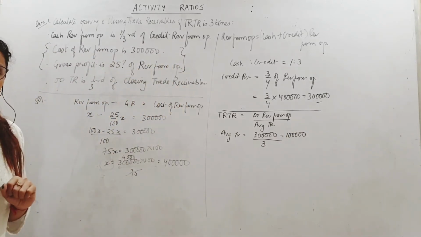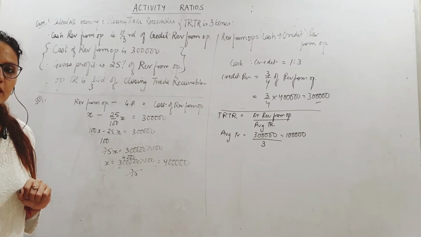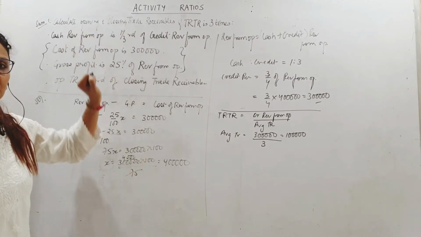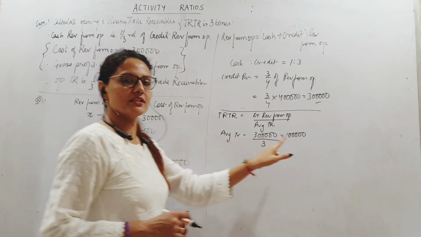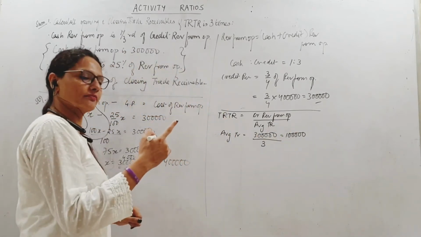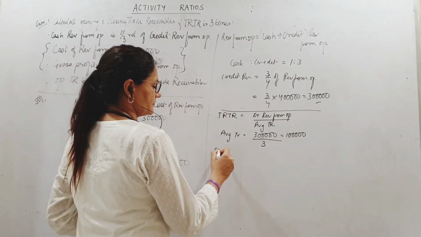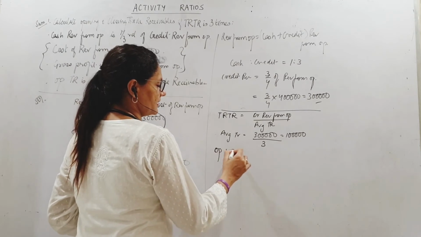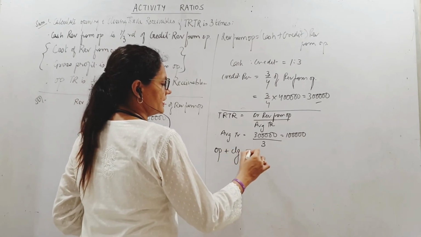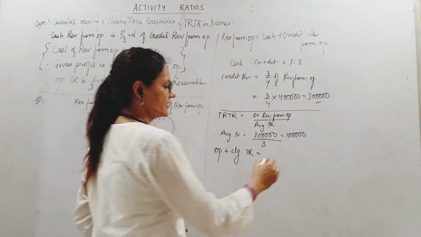Average trade receivables are there, but that is not the answer. I need to find opening and closing separately. Average is this much. Therefore, total of opening plus closing trade receivables will be how much?